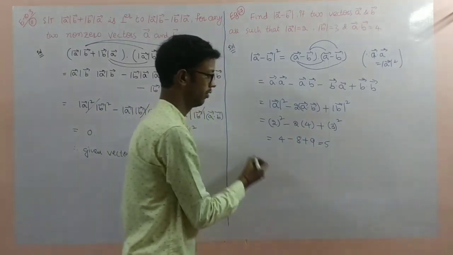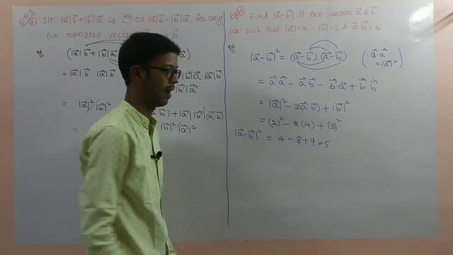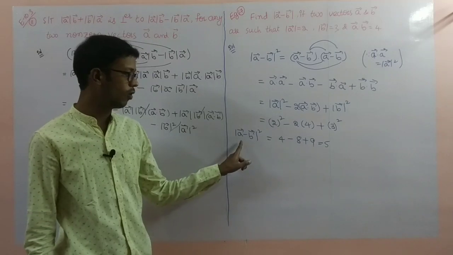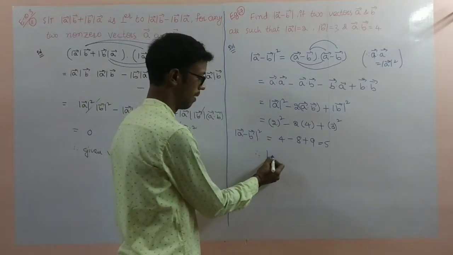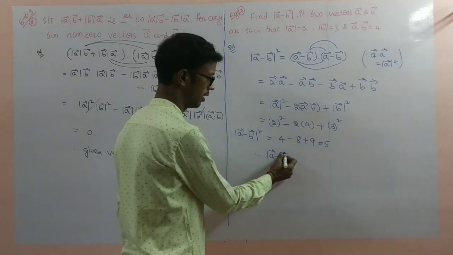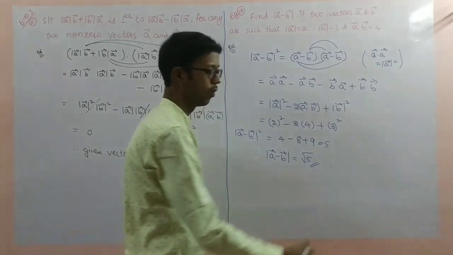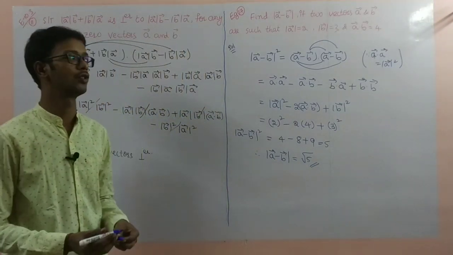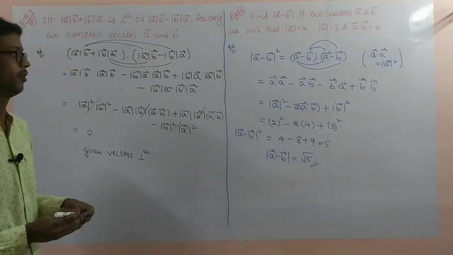So value is 5, magnitude of A bar minus B bar square value. But we need only magnitude of A bar minus B bar. Therefore, magnitude of A bar minus B bar is equal to square root 5. Just take only positive. Magnitude should be positive only. So take only positive. Pause the video to note it down.